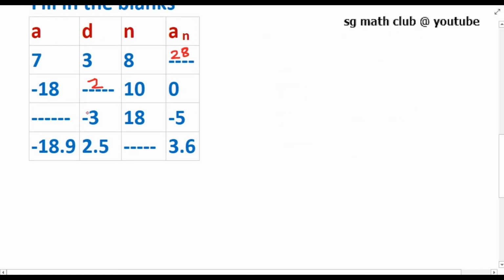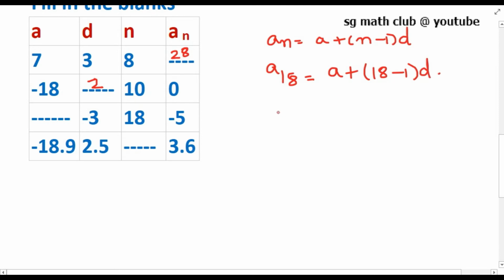Now the third question is, we need to find a. They have given d, n and a_n. So a_n is again a plus (n minus 1) into d. Here the 18th term is given. So a plus (18 minus 1) into d, and the 18th term they have given as minus 5, which is equal to a plus 17d.